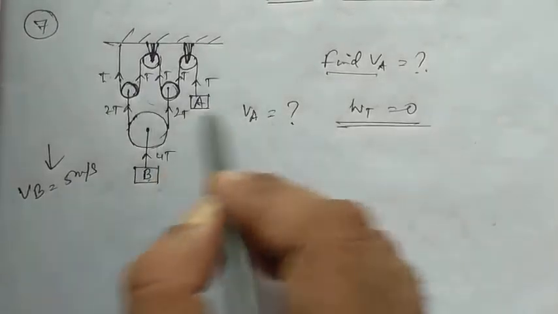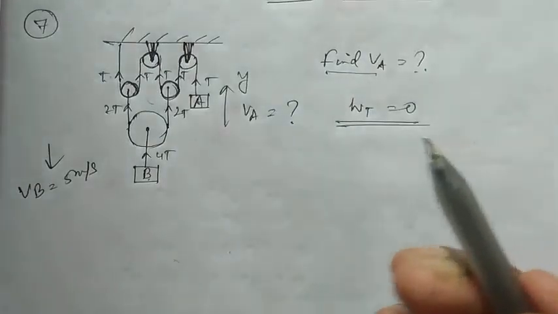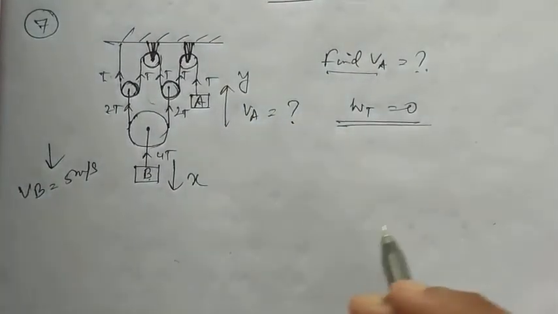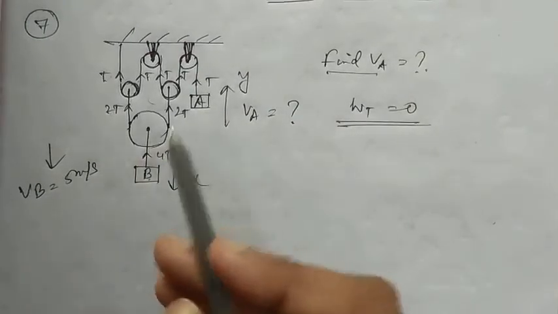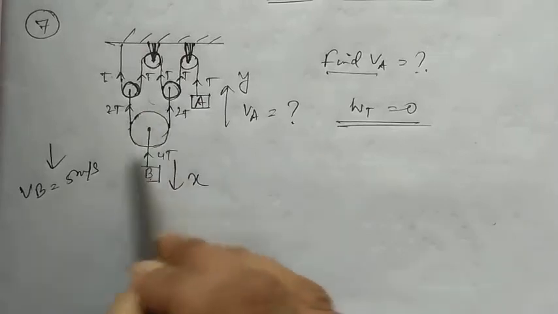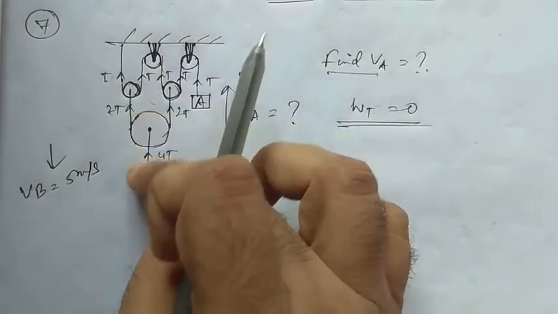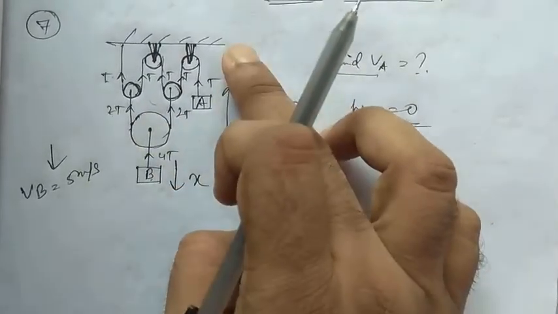So if we take that this block moves up, the displacement of this block is Y upwards and this block is downwards. Obviously from the diagram, this is the heavier part. There is 100% chance that this block and the system with B and the movable pulley will move downwards, and this part will move upwards.